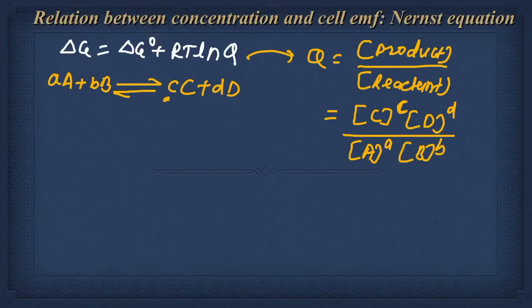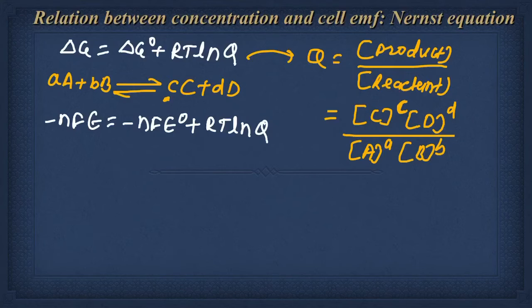So just put this value here: delta G is equal to minus nFE, which is equal to minus nFE standard plus RT ln Q. Now just divide this equation by nF.